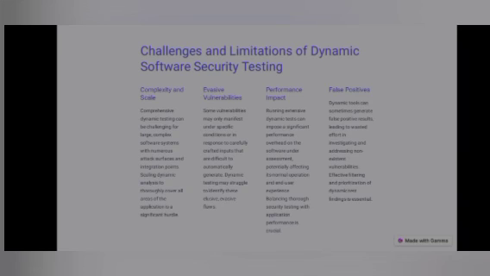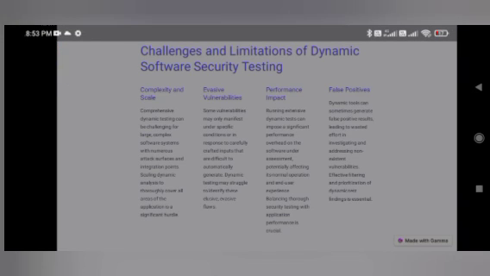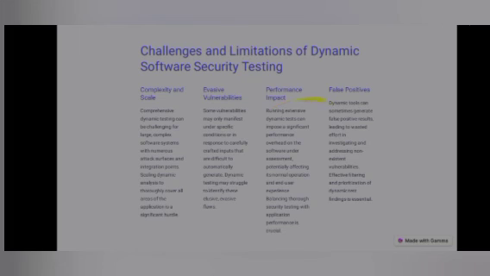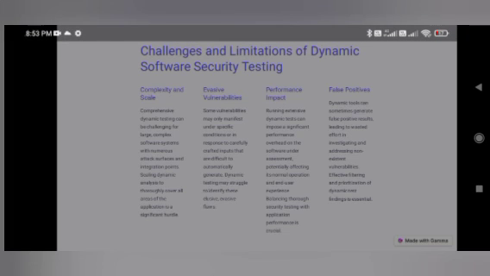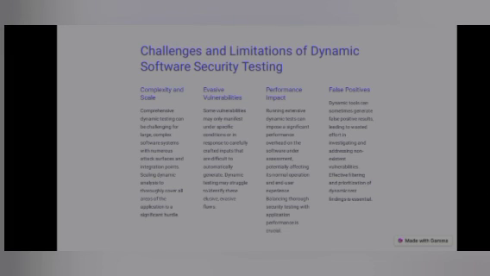Dynamic testing may struggle to identify these flaws. False positives: dynamic tools can sometimes generate false positive results, leading to wasted effort in investigating and addressing non-existent vulnerabilities. Effective filtering of dynamic test findings is essential.